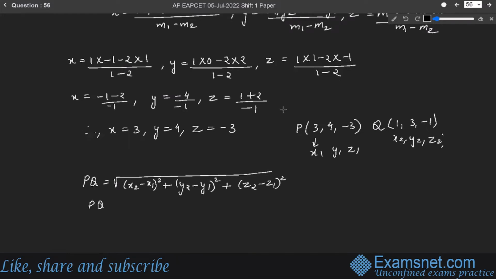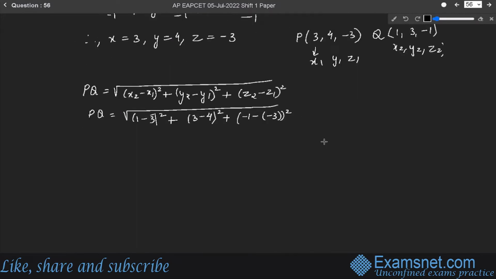So PQ will be equal to, on substituting the values for X1, Y1, Z1 and X2, Y2, Z2, it will be 1 minus 3 whole square plus 3 minus 4 whole square plus -1 minus -3 whole square. On further simplifying this value, it will be the square root of (-2) square plus (-1) square plus (-2) square.